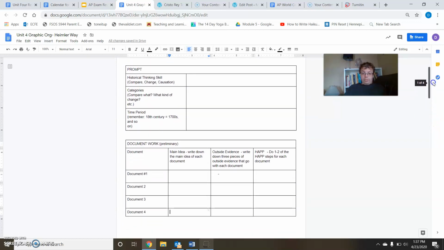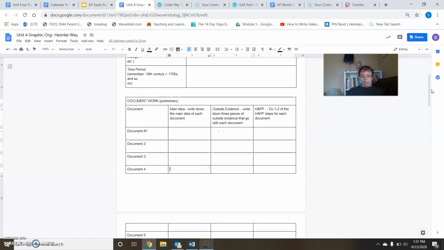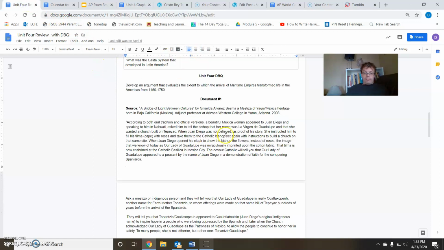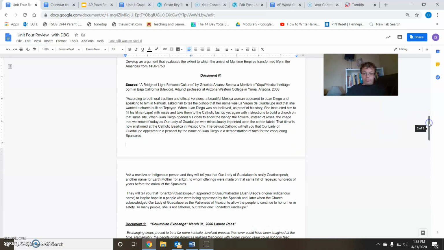All right. So then we're not going to do that whole HAP graphic organizer this time. We're going to throw it out. Instead, we're going straight to this Heimler graphic organizer. So now you're going to need to look at your documents and read the documents. And here's what you're going to need to do. So let's take a look. We got our first document here. I'm not going to read through this whole thing. You can read it.